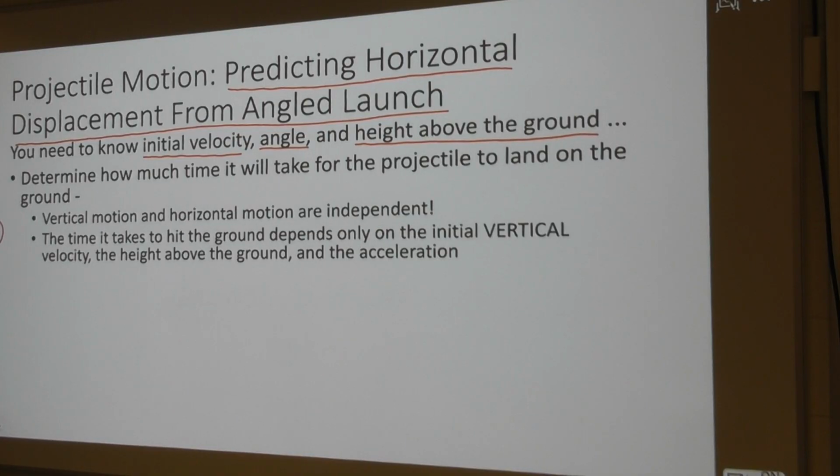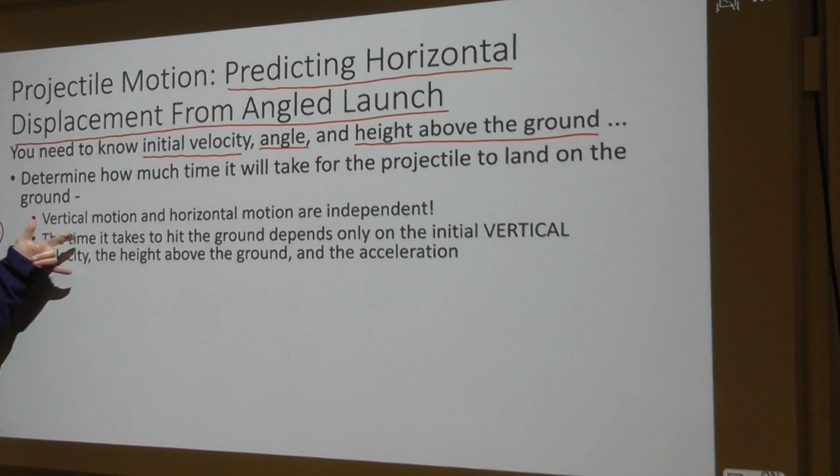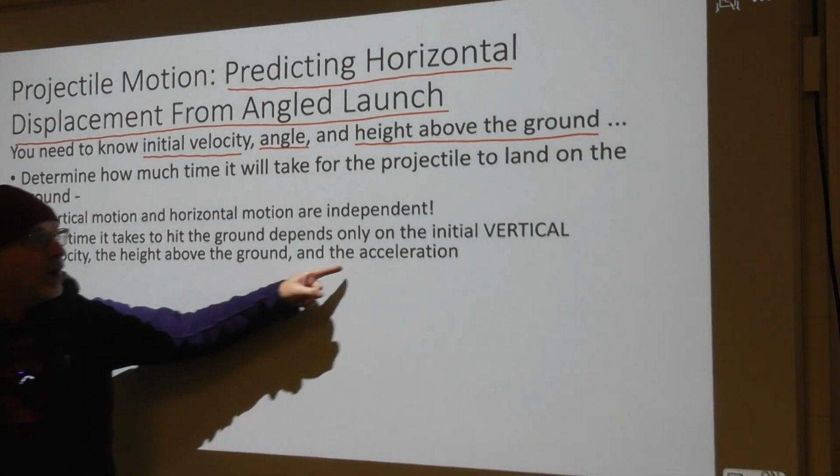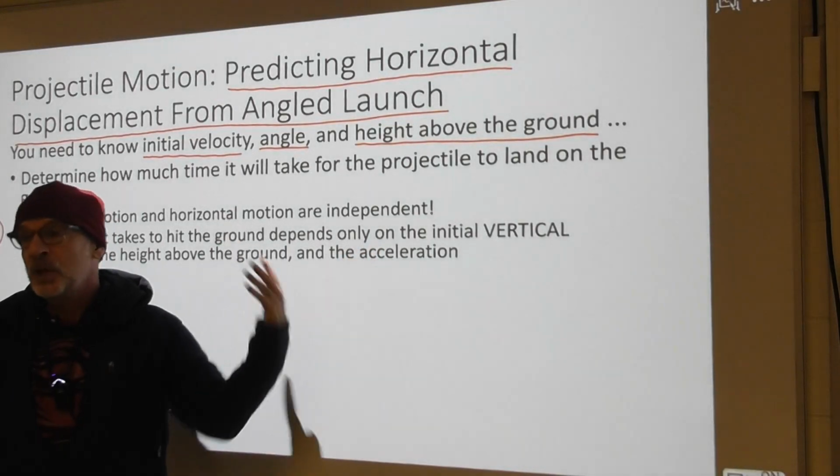So knowing that the vertical motion and horizontal motion are independent, what determines how long it takes to hit the ground is only the vertical part of the motion. We don't care about its left to right speed. If it weren't going down, it would never hit the ground. The vertical part of its speed determines how long it goes up and how long it takes to come back down. The other thing we need to know in order to make some sort of prediction for time is the acceleration, which we do know.